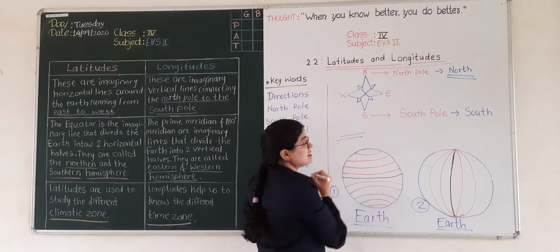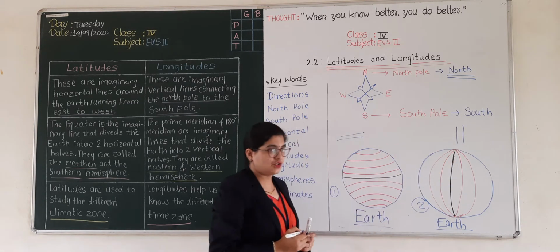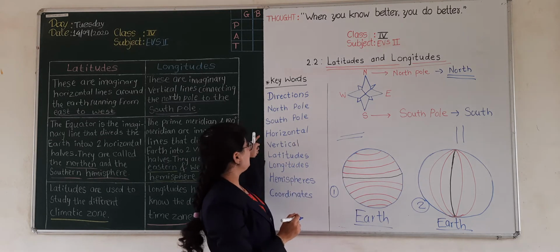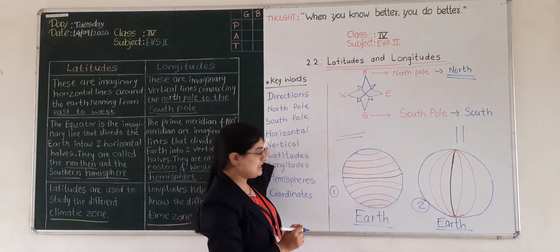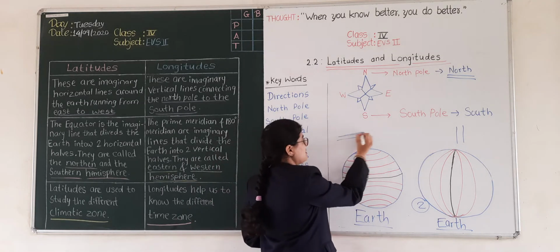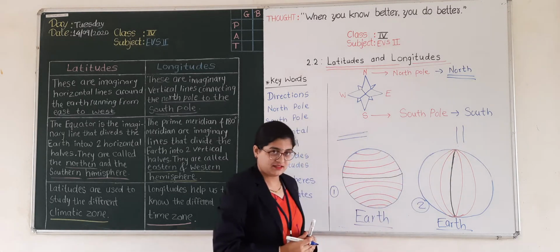Horizontal means sleeping lines and vertical means some standing lines. So these are horizontal lines and vertical lines. Horizontal are sleeping lines and vertical means standing lines.